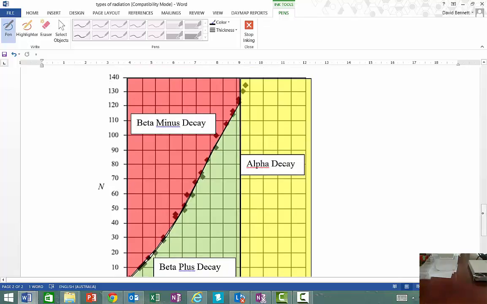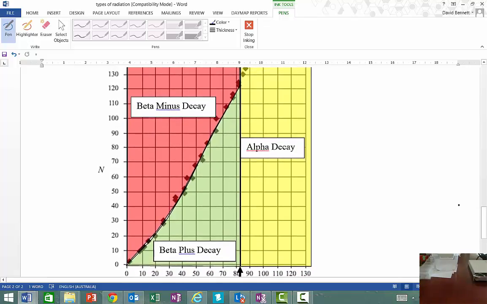Alright, if it's got a ratio where the number of electrons to neutrons falls in this green region, then it'll undergo beta plus decay, or if the ratio is in the red region, then it'll undergo beta minus decay. So we can predict what type of decay is going to occur by looking at the atomic mass compared to the atomic number.